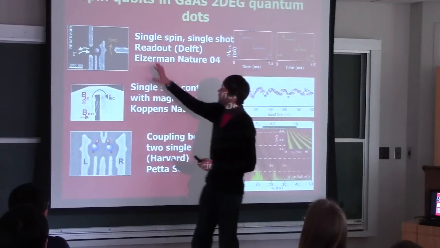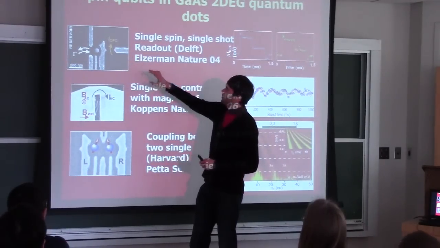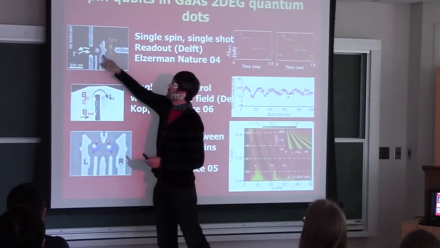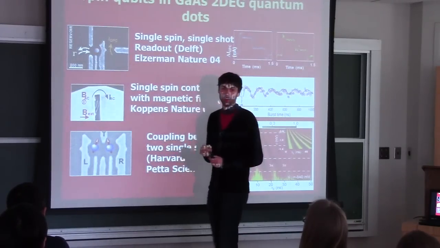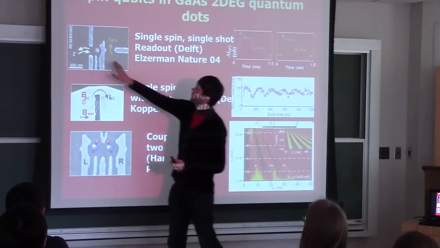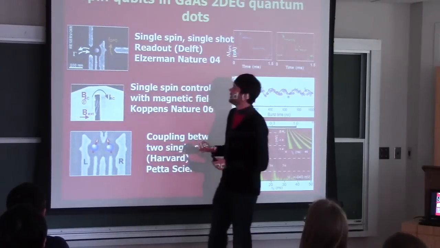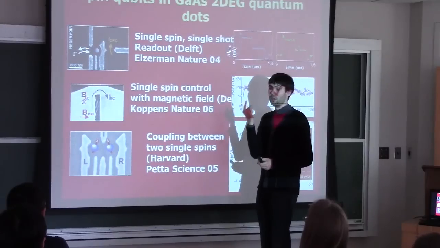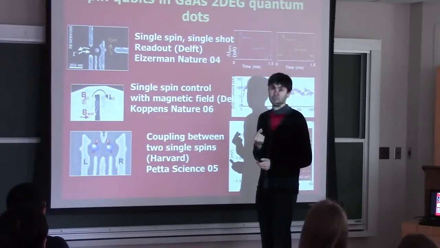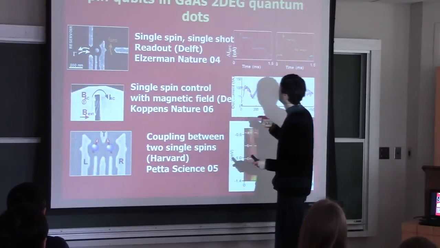So again, I did not explain these semiconductors yet, but just think that in this island defined by these gates, you can confine a single electron. And so what they've done here is they've measured the spin of that single electron using a transport measurement. Yeah?